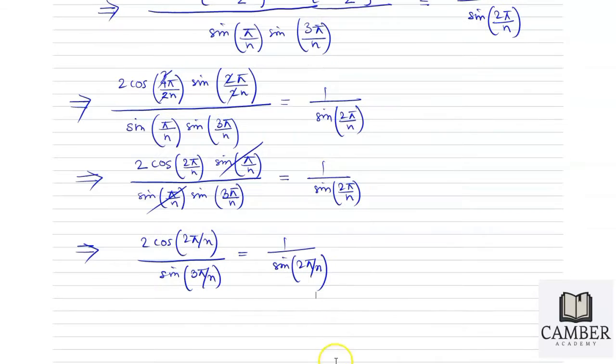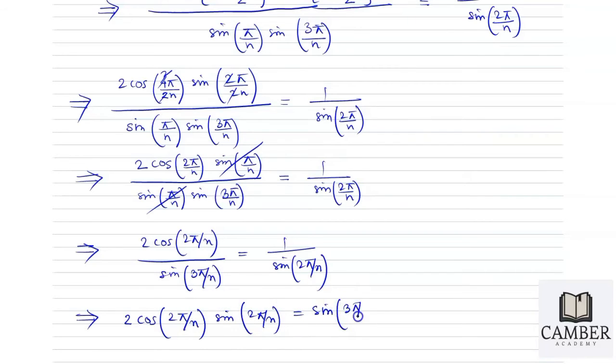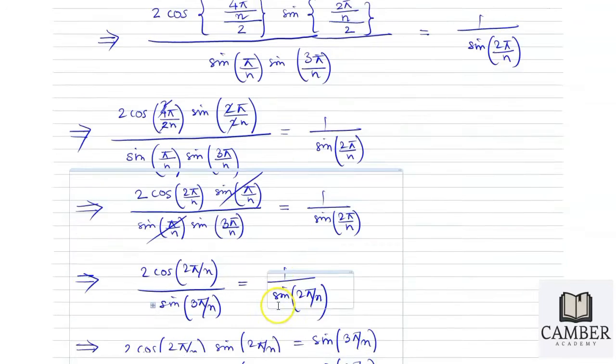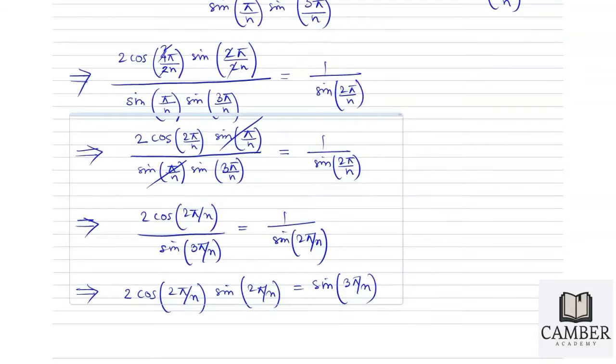Now cross multiply. If you cross multiply, you get 2 cos 2 pi by n into sine 2 pi by n is equal to sine 3 pi by n. Now we know the formula.